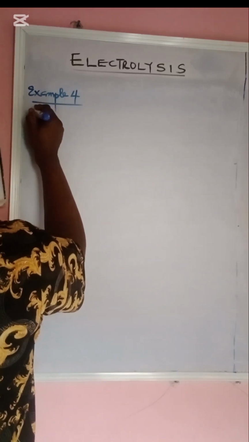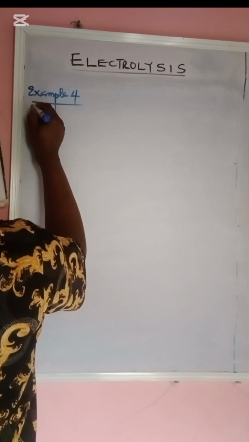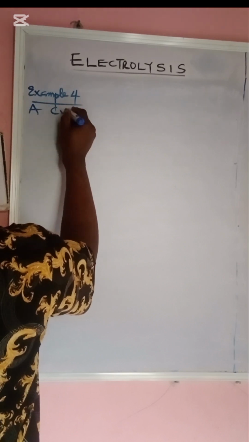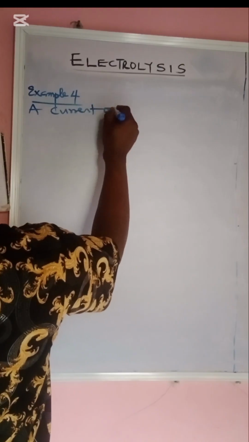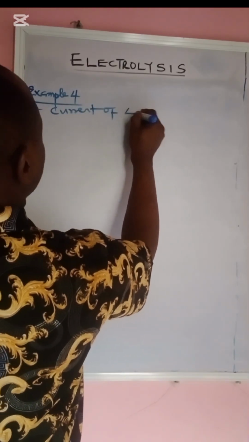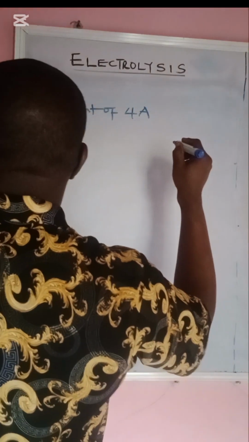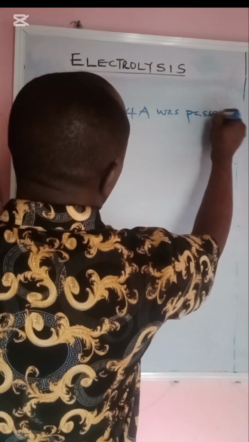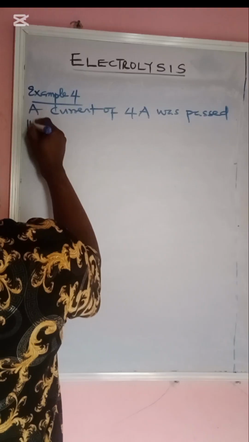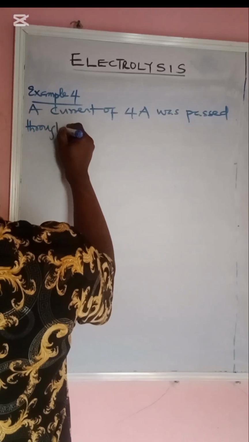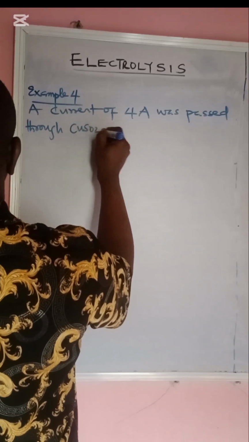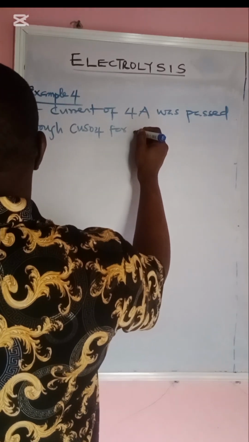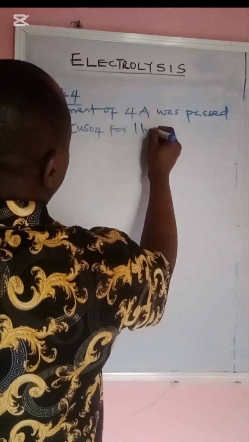Let's see this question. A current of 4 ampere was passed through copper(II) sulfate solution for 1 hour.